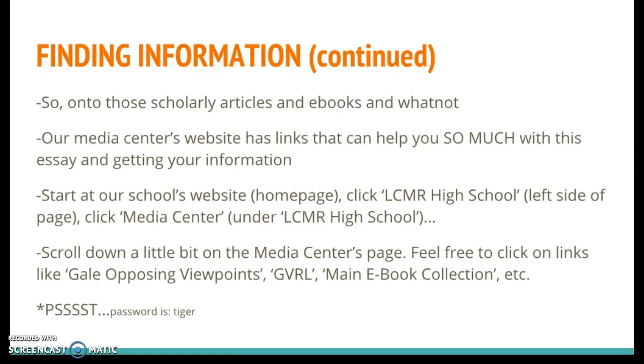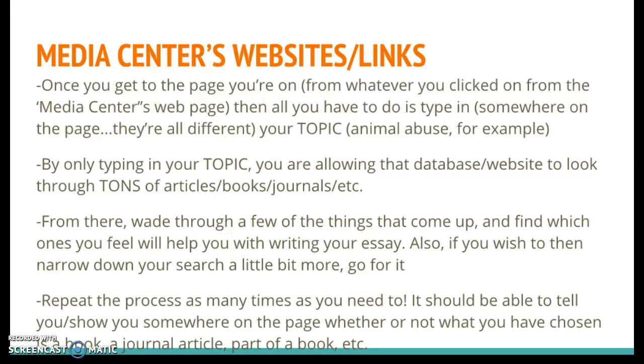That should help you out there. Now, once you get to the page you're on from the Media Center's website, so once you've found Gale Virtual Library or ebooks or whatever, then all you're going to do is type in your topic once you're at that page. There's going to be a spot that you can type in what you want to search for.